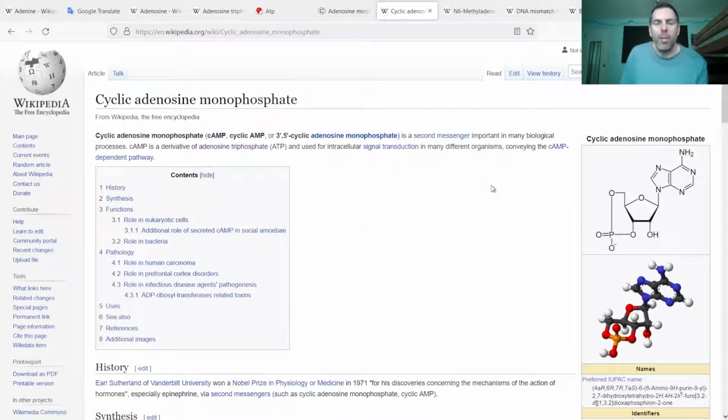So there'll be some first messenger that's probably extracellular, and then that first messenger attaches to some signaling protein and generates these cyclic AMP second messengers.